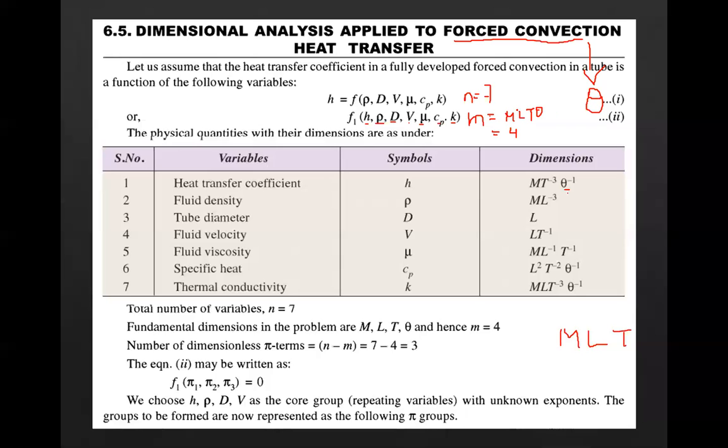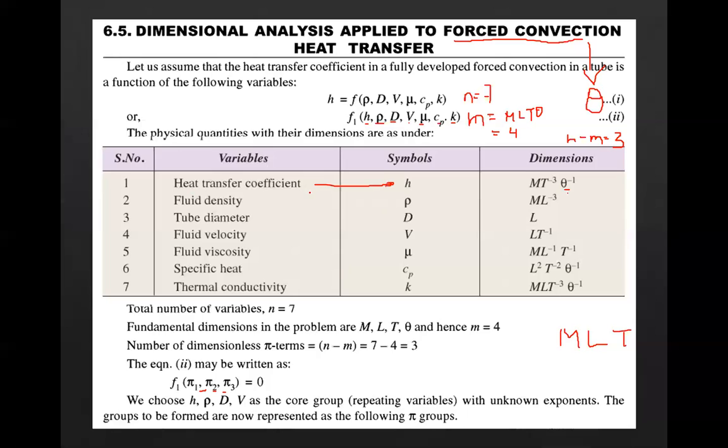So the number of pi terms is n minus m, that is 7 minus 4, which gives 3. So here the pi terms are pi 1, pi 2, and pi 3. Just remember these points.